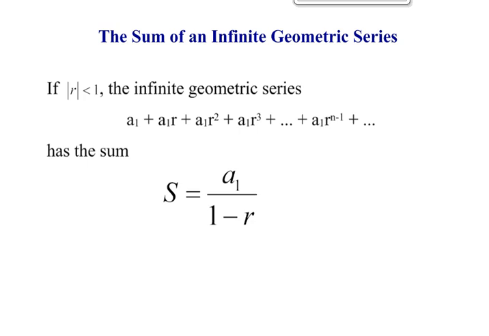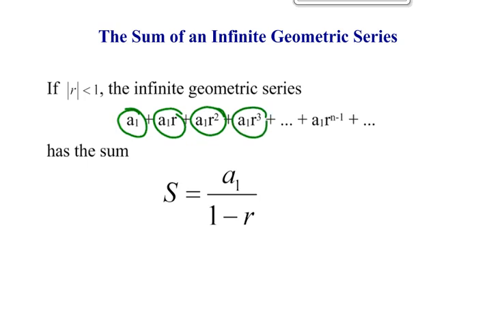The part here that you see is simply explaining a geometric series that is infinite. And what you see happening is we have the first term a sub 1, and we are adding on the second term, which is a sub 1 times the common ratio. Then we're adding on the third term, which is a sub 1 times the common ratio squared.